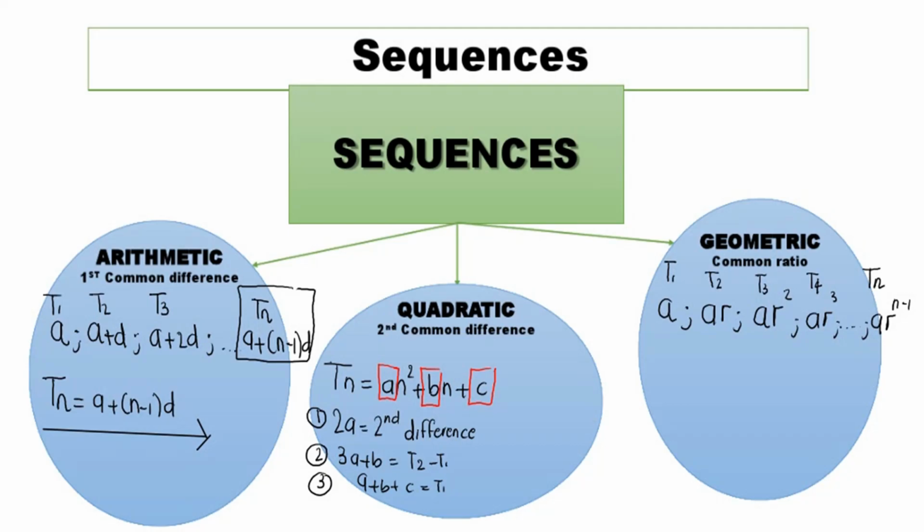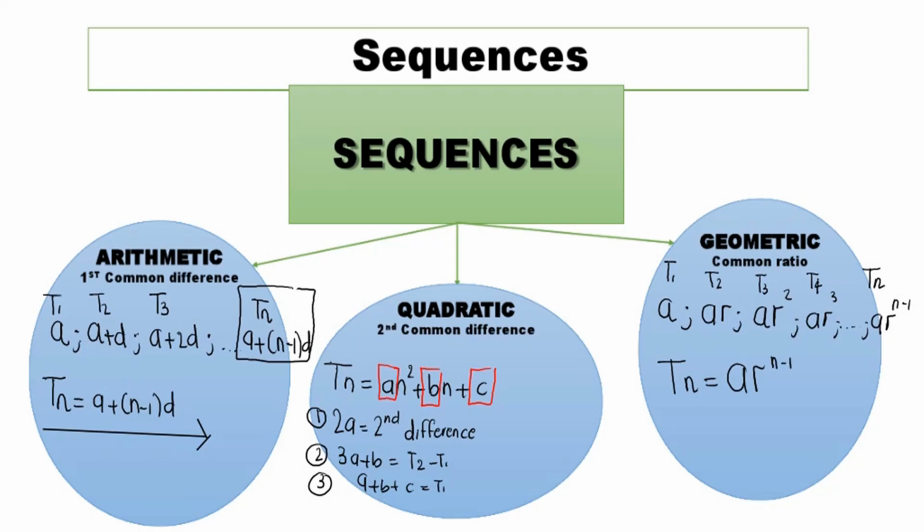So a geometric sequence can also be defined in this way, where the equation that we can use to get the general formula for the nth term of your geometric sequence is Tn equals A times R to the power of n minus 1.